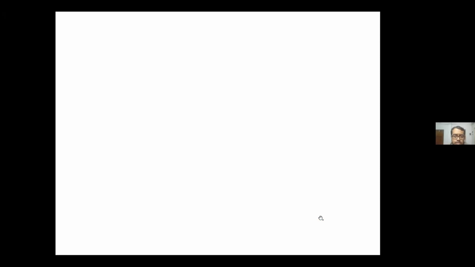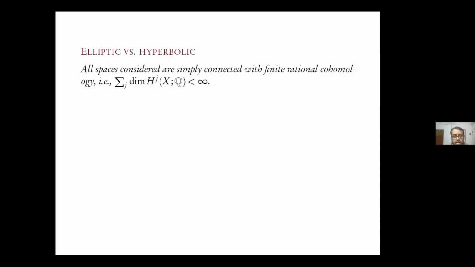I want to begin by recalling this dichotomy called rational ellipticity versus rational hyperbolicity. So what does it say? I'm going to assume, if I do not specify otherwise, that all the spaces we are considering are going to be simply connected and they'll have finite rational cohomology.